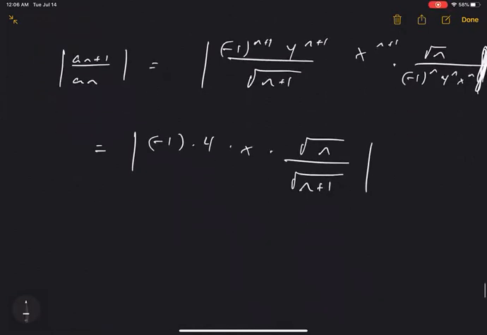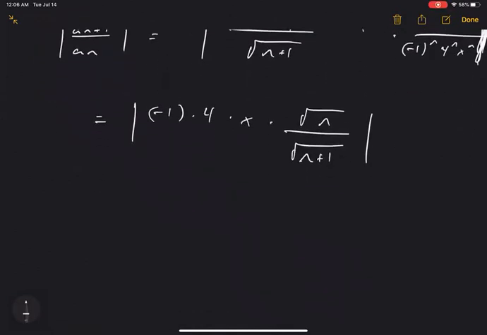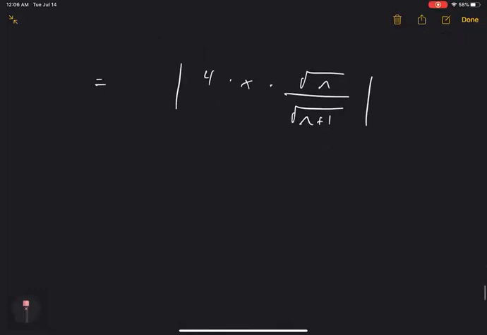Okay. Since I'm doing absolute value, it's going to just obliterate this -1, right? So I can forget about that -1. So really what I have is this: 4 times x times square root of n over square root of n plus 1. And really, I'm considering the limit of everything, right? For a ratio test.